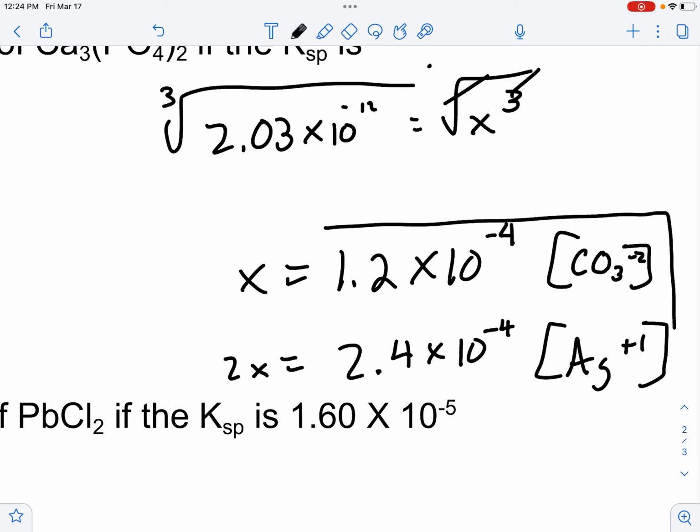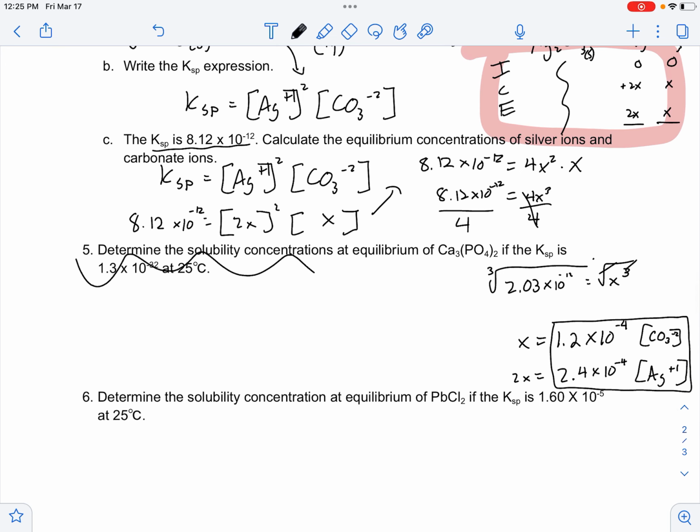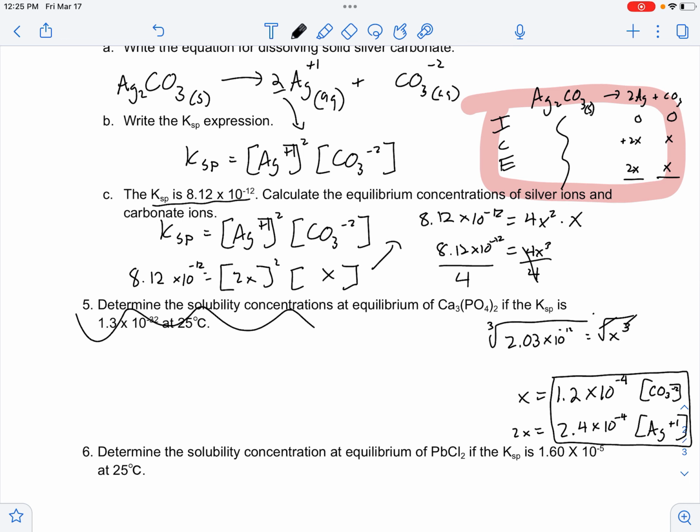So these now become your molar concentrations at equilibrium for your products, your silver ions and your carbonate ions. All right, sorry, we went into number 5 here. Okay, I hope that helps. We'll talk more about this on Monday or Tuesday, depending on, Tuesday or Wednesday. All right.